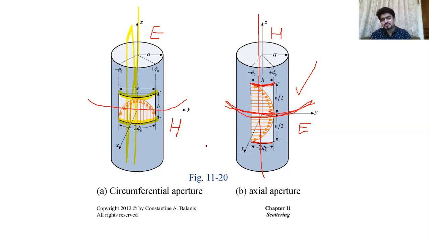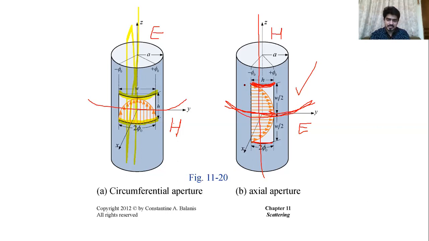Now, in the H plane or vertical plane for the axial aperture, it is going to have a narrow beam width because it has an E vector which is parallel to the edge, resulting in a lesser amount of diffraction towards the edges. That's why you will not have a much wider beam width in the vertical plane for the axial aperture.